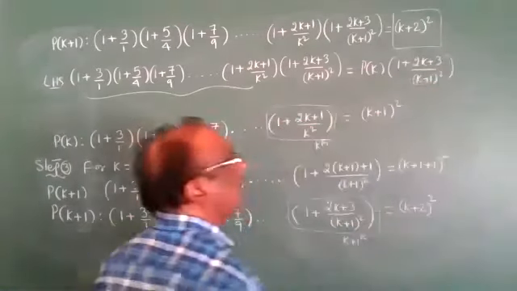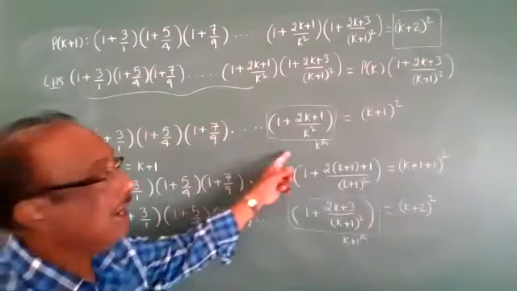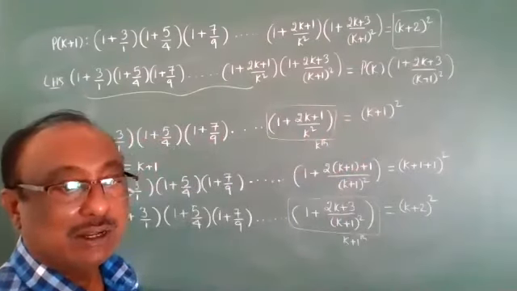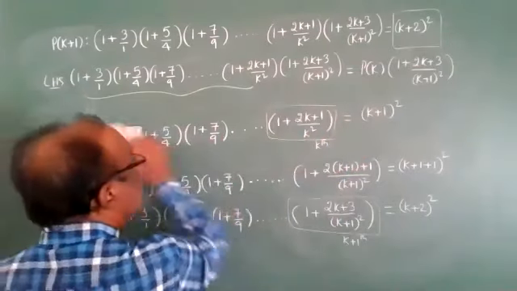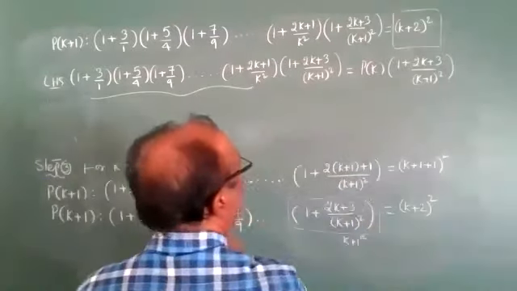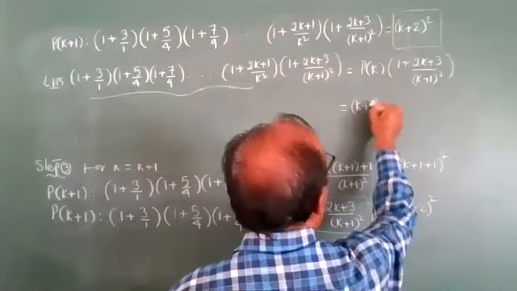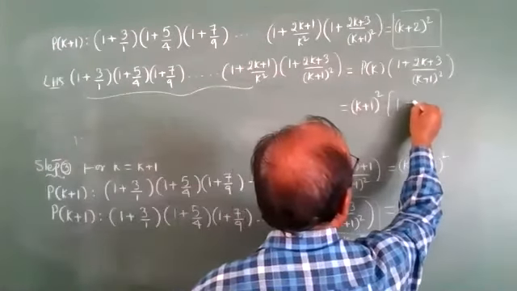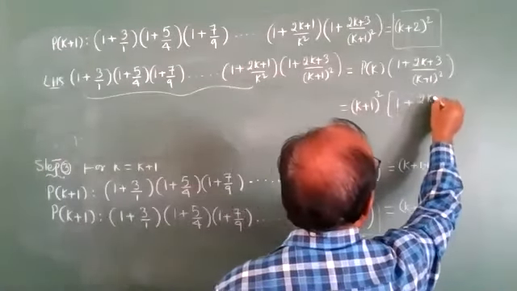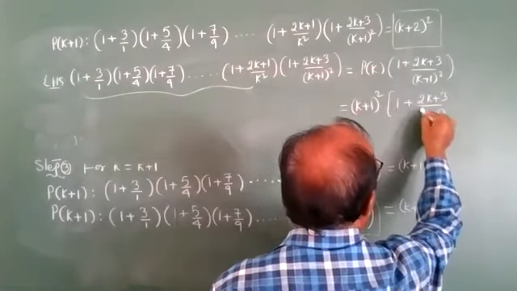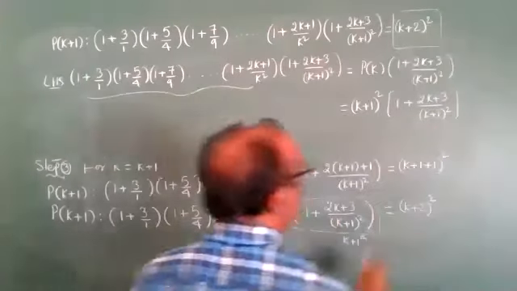Right, everyone see, this P of k value is (k plus 1) whole square. In P of k bracket place write down (k plus 1) whole square, and simplify. (k plus 1) whole square into 1 plus (2k plus 3) by (k plus 1) whole square.